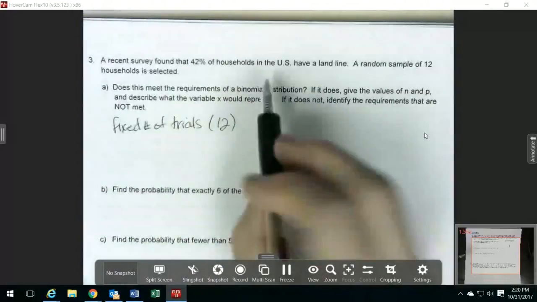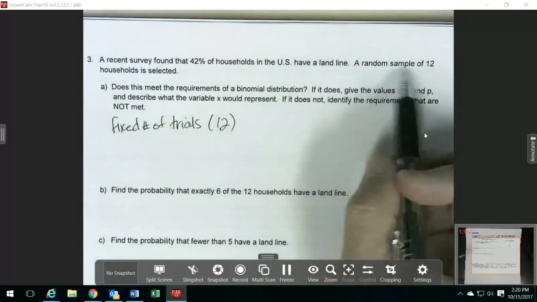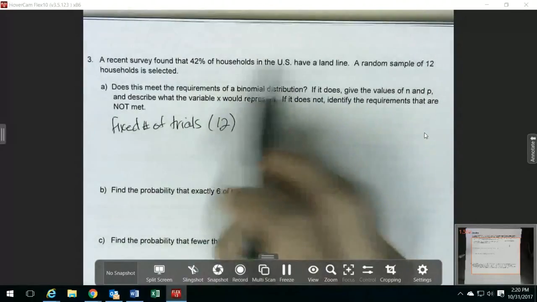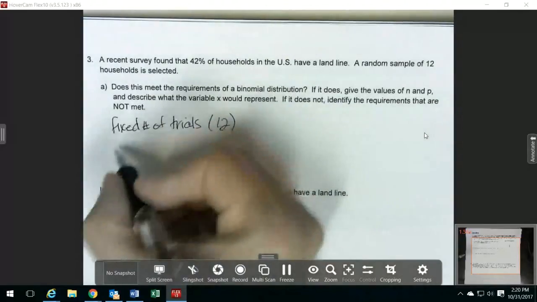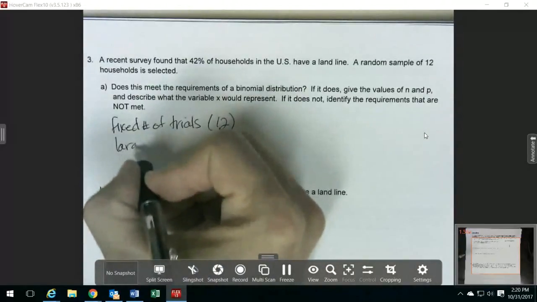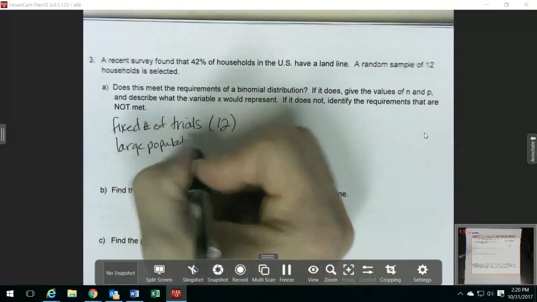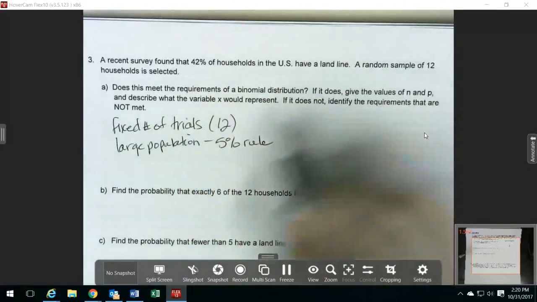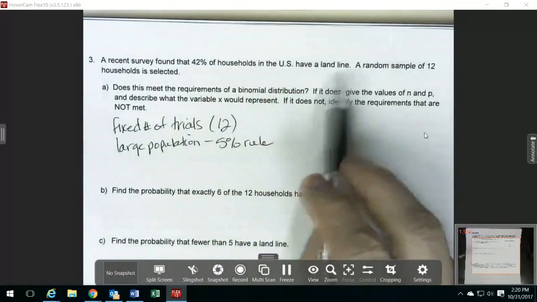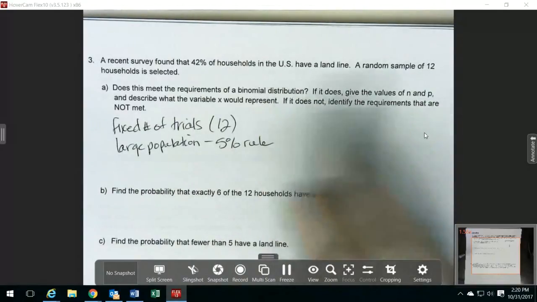And then for the independence, this time we're not selecting with replacement, but if we're looking at all the households in the US, that's a very large population. That means we can use the 5% rule, which says you can count the trials as being independent if the sample size is less than 5% of the population size.